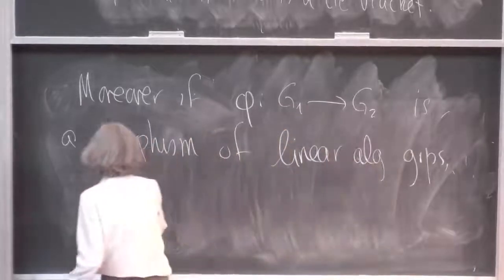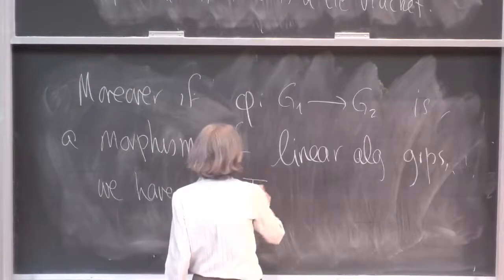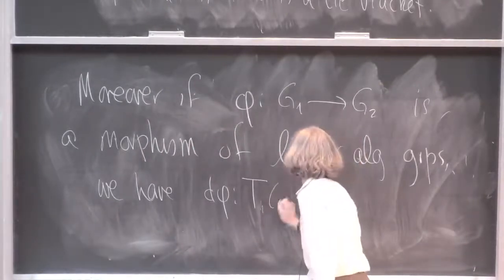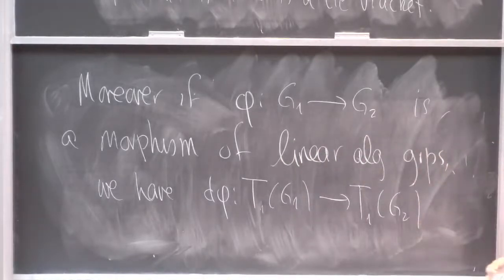It's a really natural thing. Then we have d phi, which goes from the tangent space at the identity of G1 to the tangent space at the identity of G2.